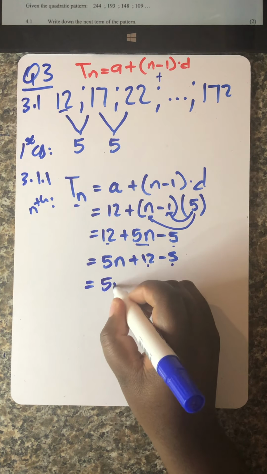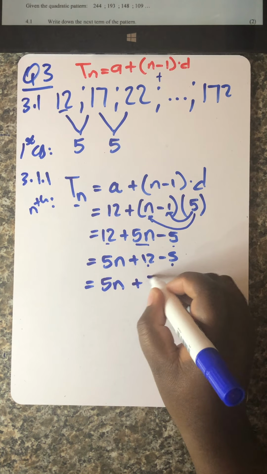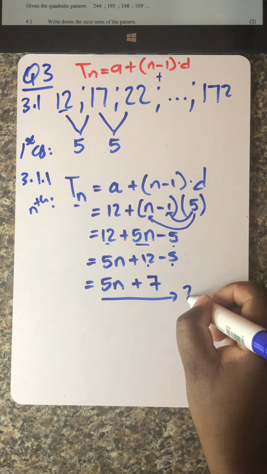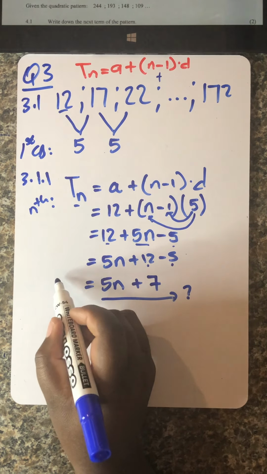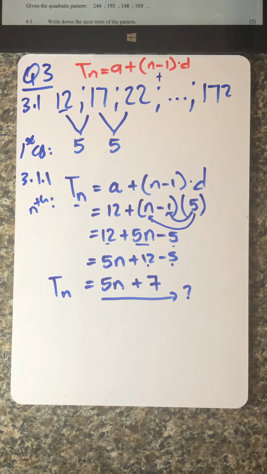So that means we've got 5n plus 7. What is this, guys? This is your nth term of the given pattern, which is what the question wanted us to calculate. Very, very important, guys.